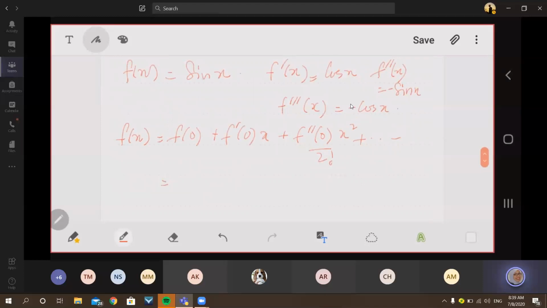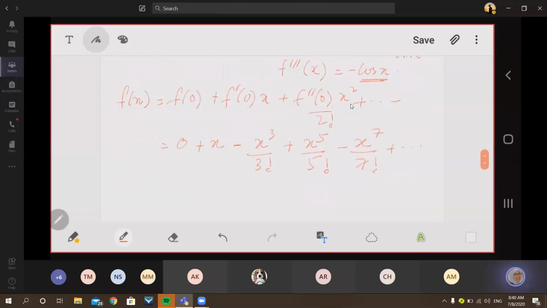If it is sine, f of naught is 0, f prime of naught, which is cos 0, is 1, and then f double prime you get 0, sine of 0 is 0, so then you have minus, and this thing, f triple prime, you get x cubed on 3 factorial for sine, and so on.